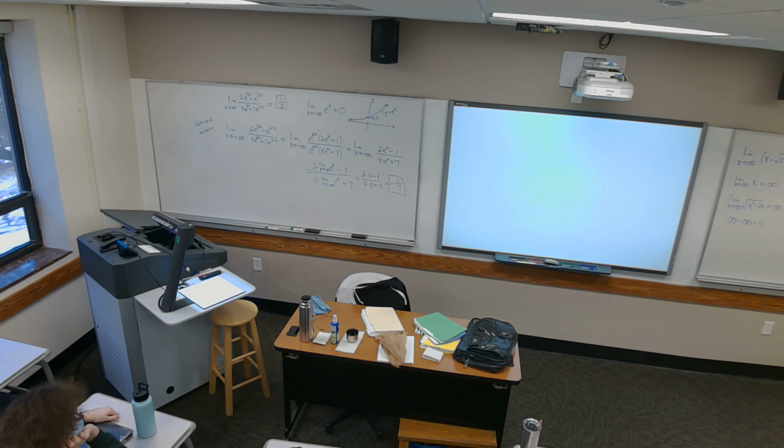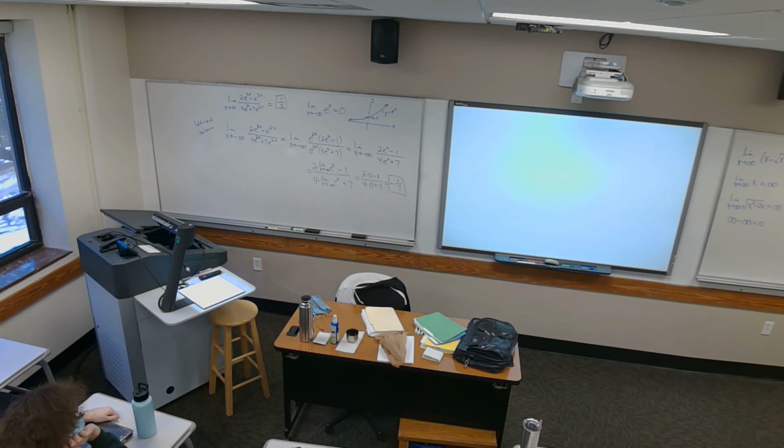We did this kind of stuff on Friday. So when I divide the square root by x, I'm actually dividing the square root by the square root of x squared. And then under the radical, that simplifies to 1 minus 2 over x.